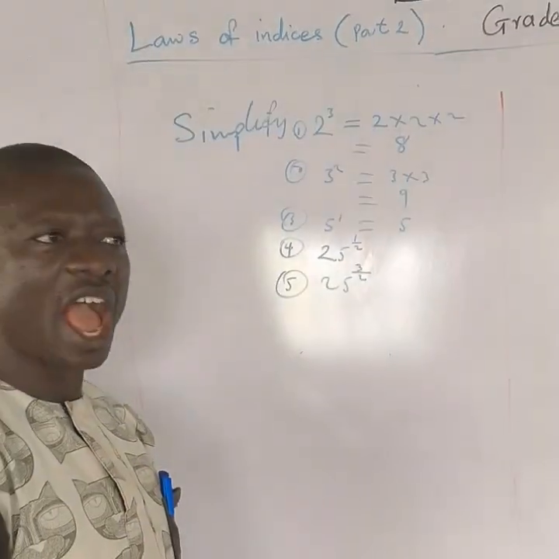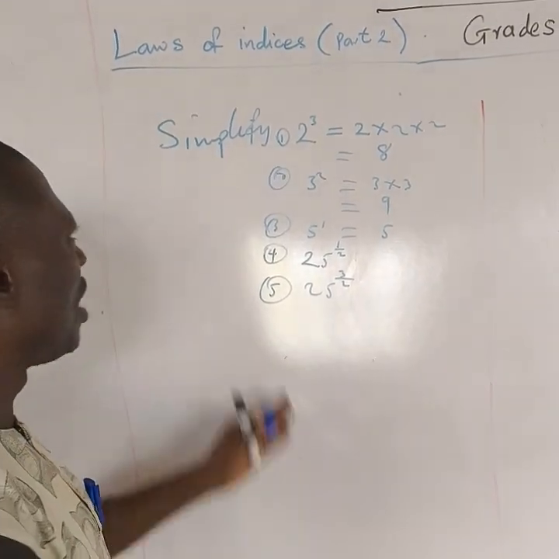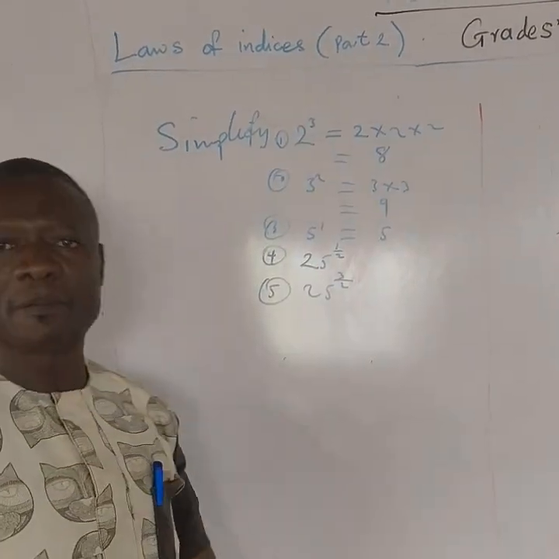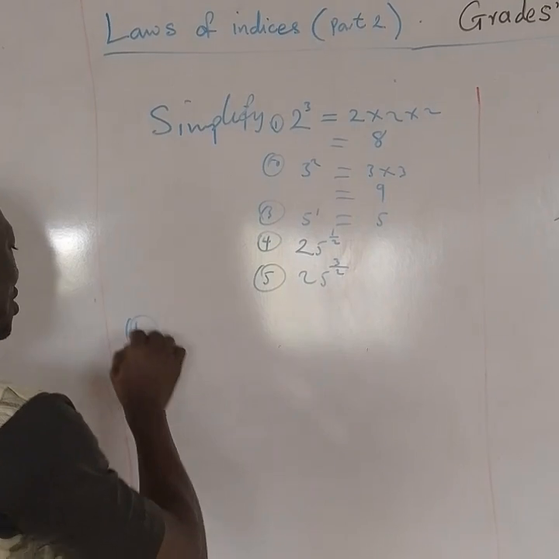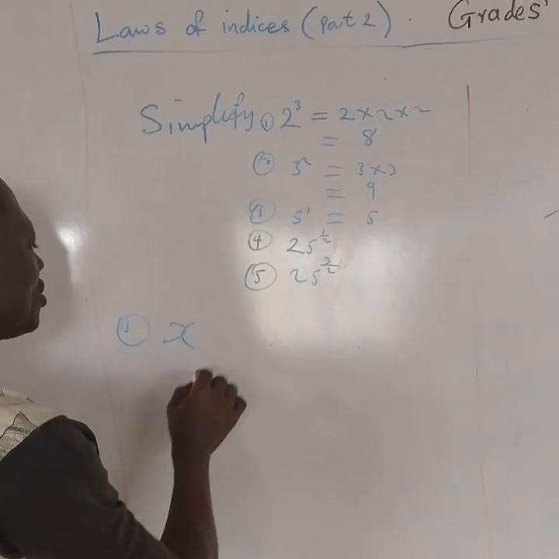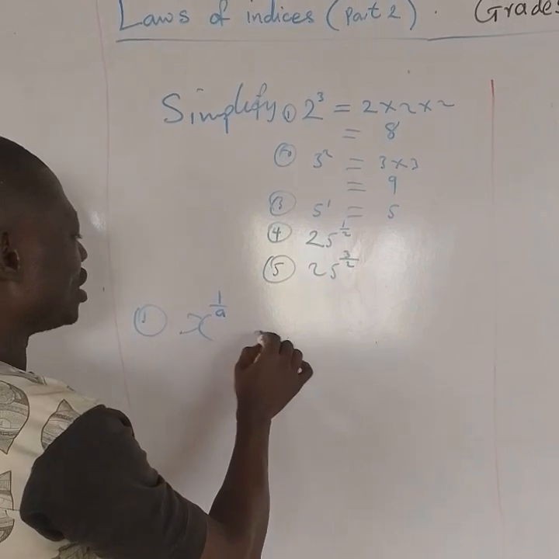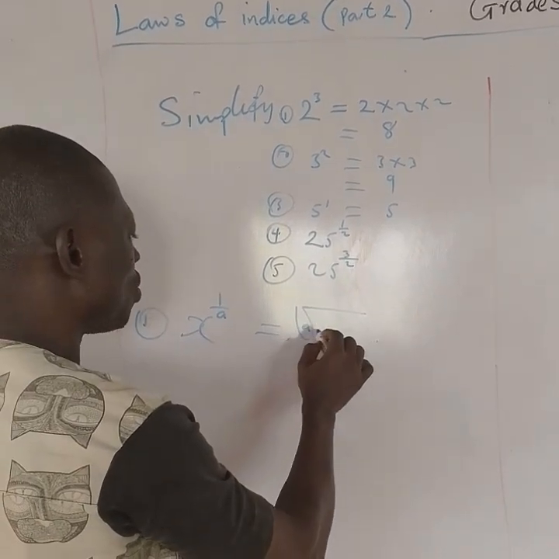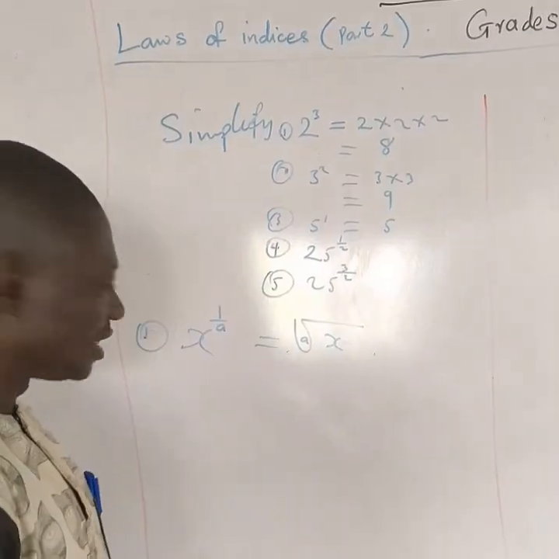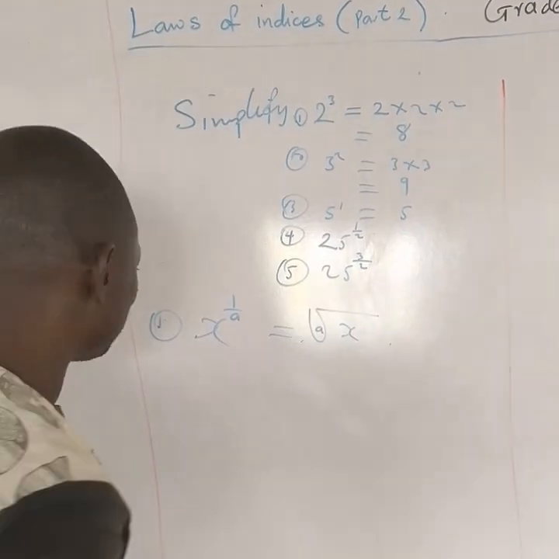And so we have the following laws in Laws of Indices part 2. Number 1, a law that says x raised to power 1 over a is equal to the a-th root of x. That's one of the laws we're going to treat today.